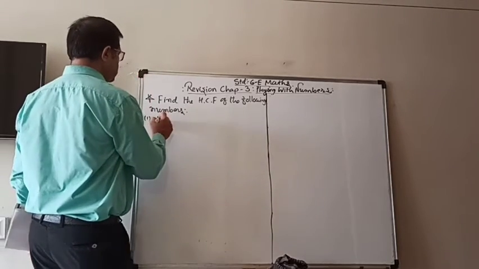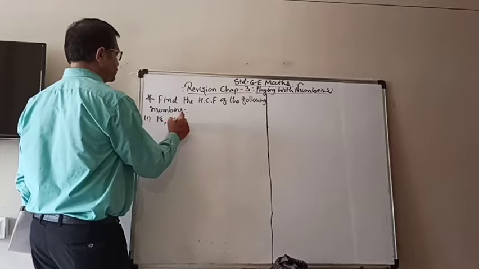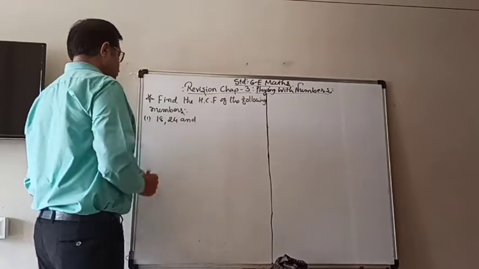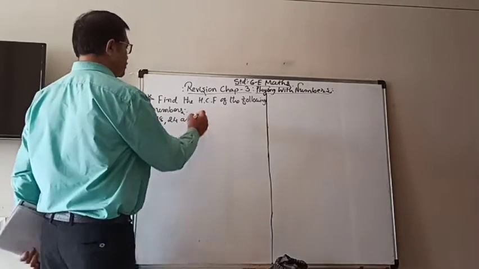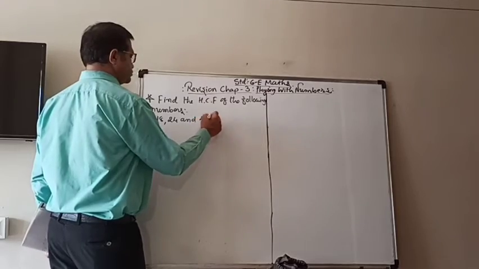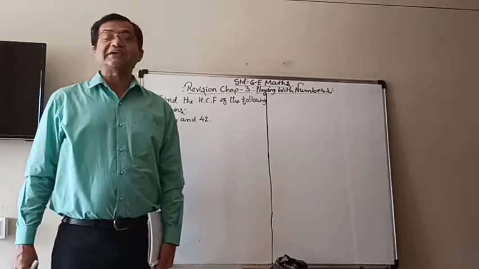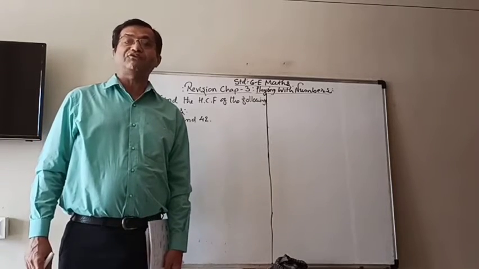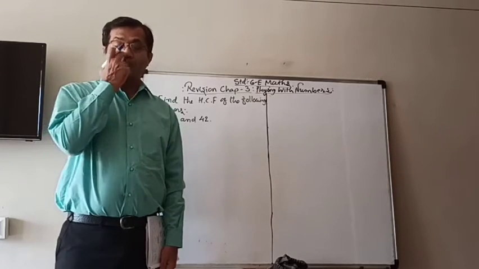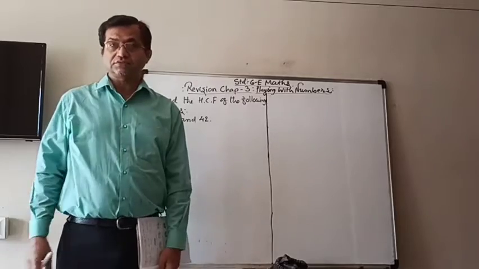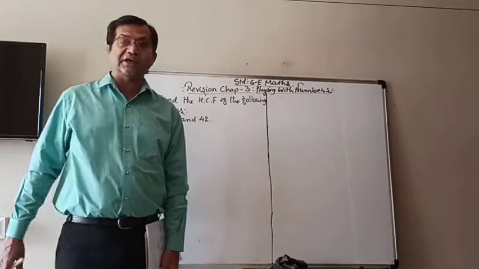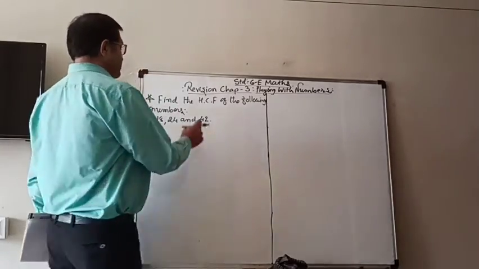First is 18, 24 and 42. Now to find out the HCF, highest common factor, we find out the prime factors of each of them and write them down, and then we will find the HCF.